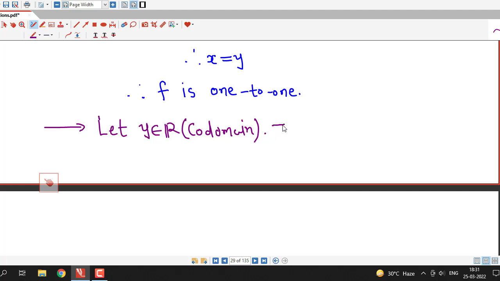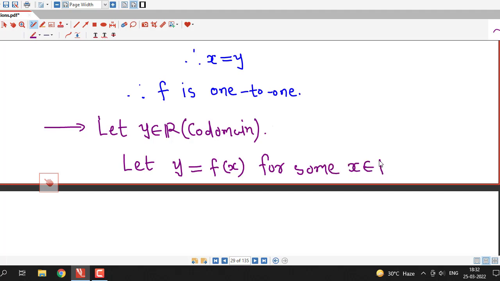Then if the function is onto, then y will be equal to f(x) for some x in the domain.